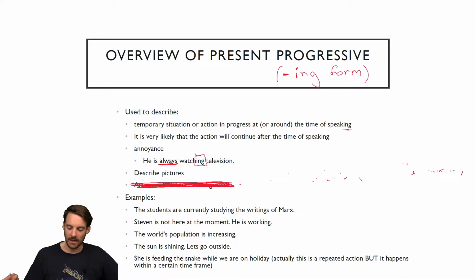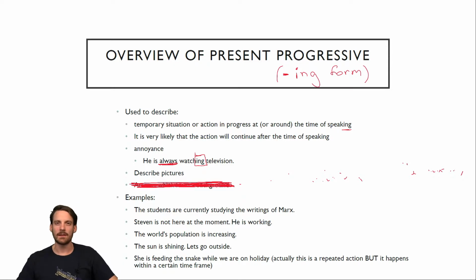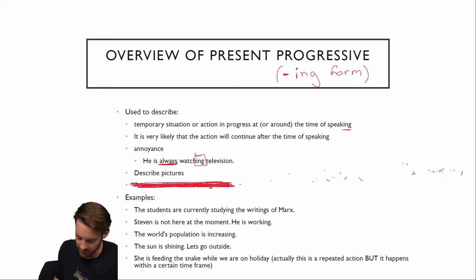And I've written down some tasty examples, not explanations, of how to best use the progressive. The students are currently studying the writings of Marx, not Mark. So in this case, we have are because it's a plural.